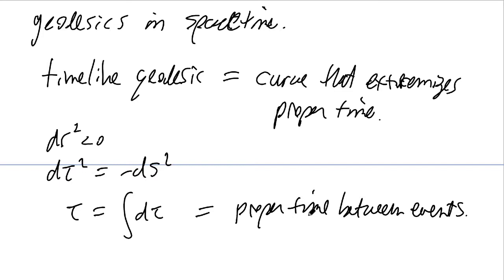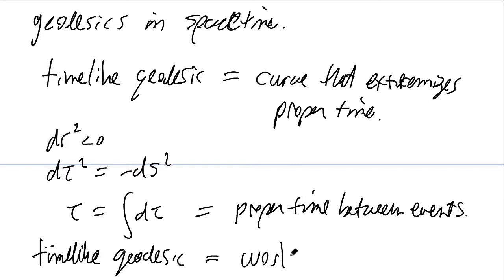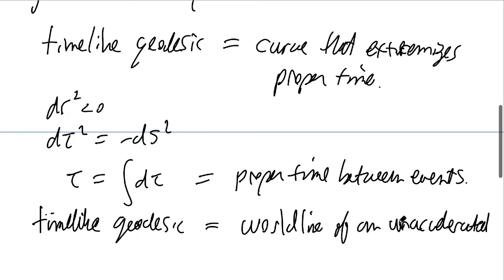Now, a timelike geodesic has an important physical interpretation: it's the world line or the path taken by an unaccelerated particle or observer. So this is the world line of an unaccelerated particle or observer.